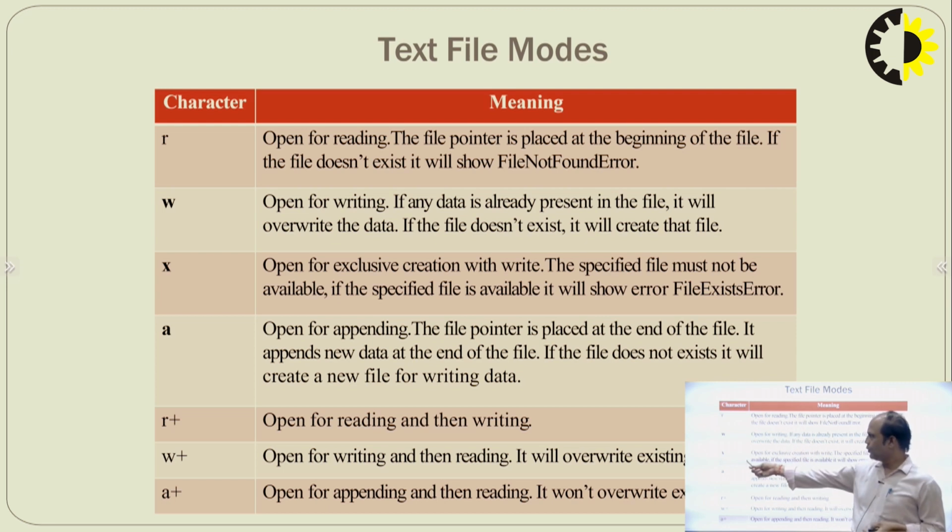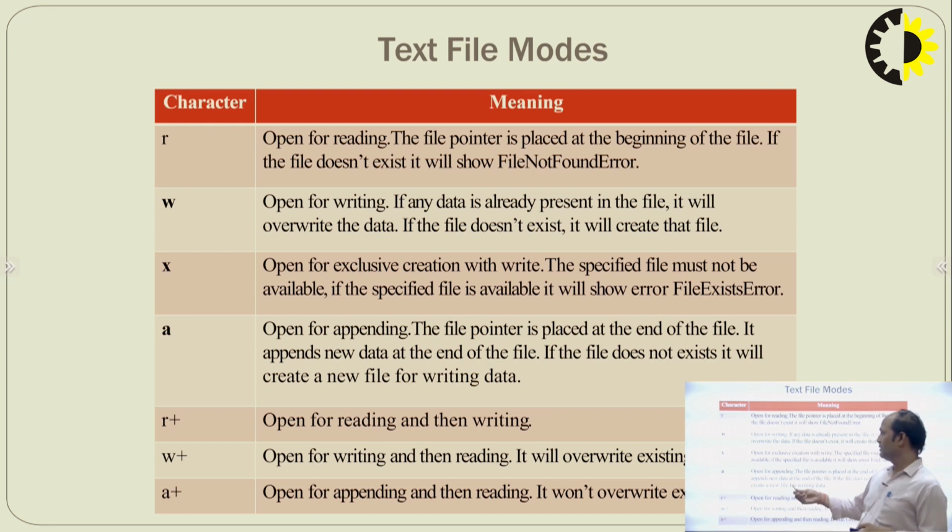Now we will move on to X. What is X? That is exclusive creation with write. If we pass a file with the mode of X, that means the file will be opened for exclusive creation with write. What do you mean by exclusive creation with write? That means the specified file must not be available. If the specified file is available, it will show the file exists error.